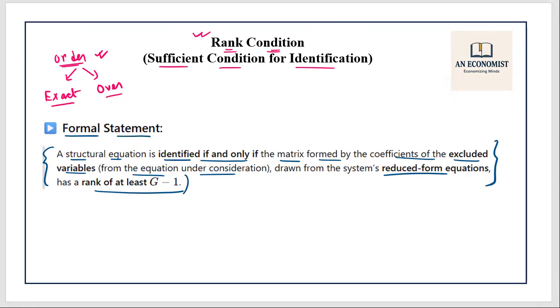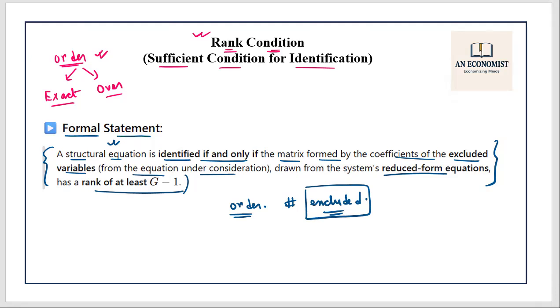In the order condition, what we said is that we need a sufficient number of excluded variables. All we need to do is find out whether a structural equation, not any equation, is identified or not. For that, we said that in order to identify an equation, we need a sufficient number of excluded variables.